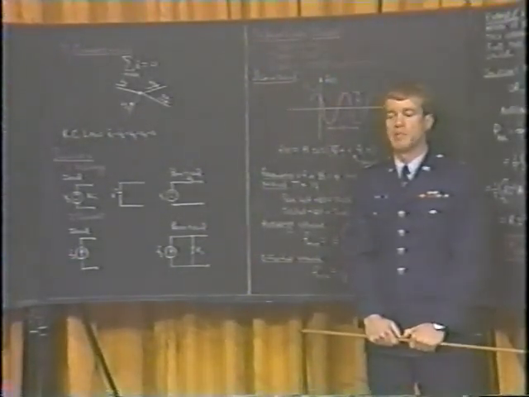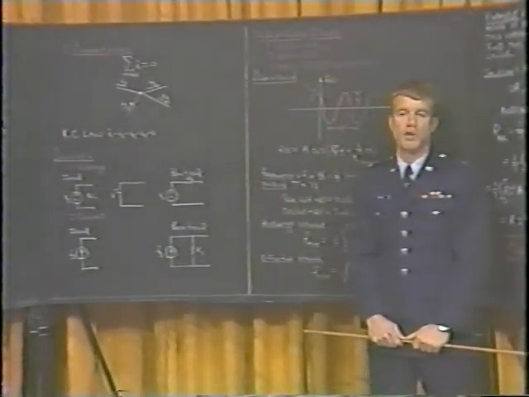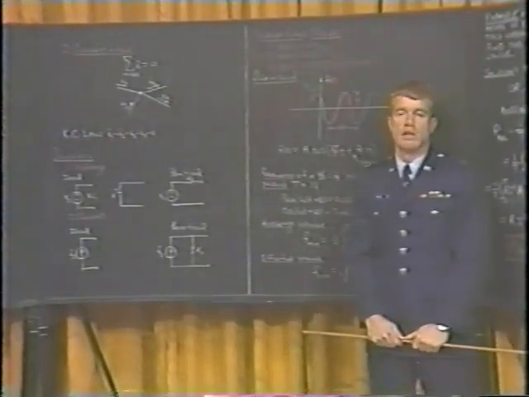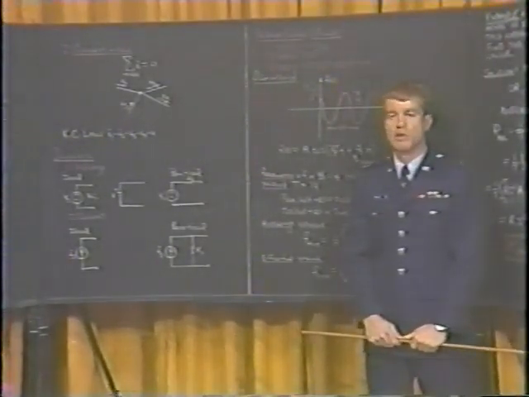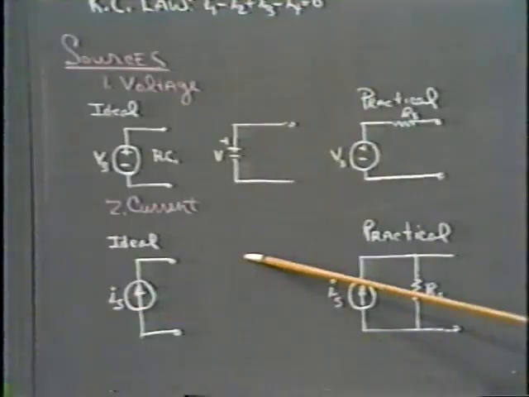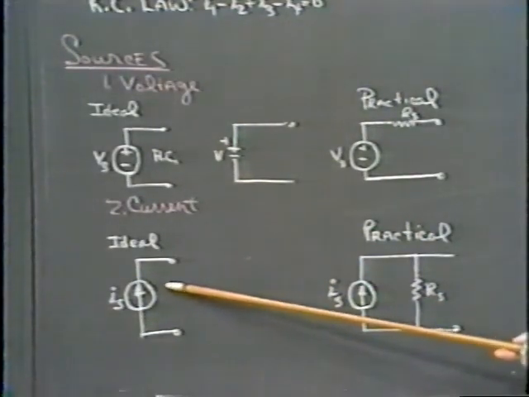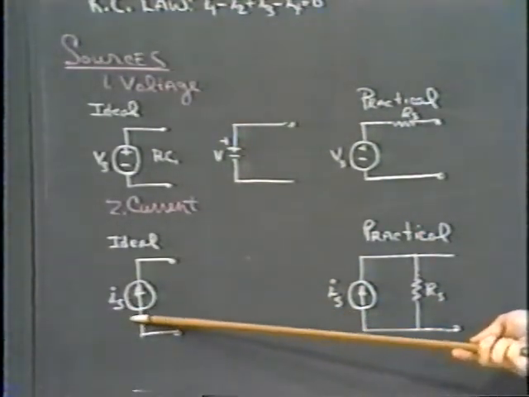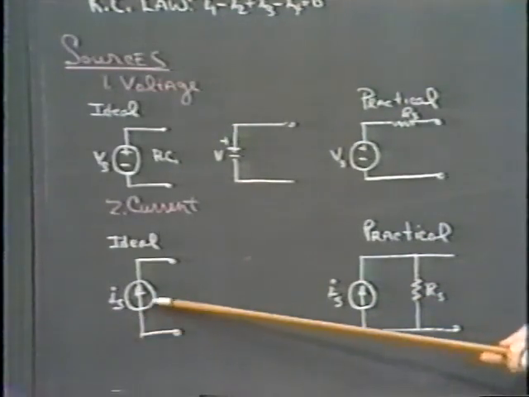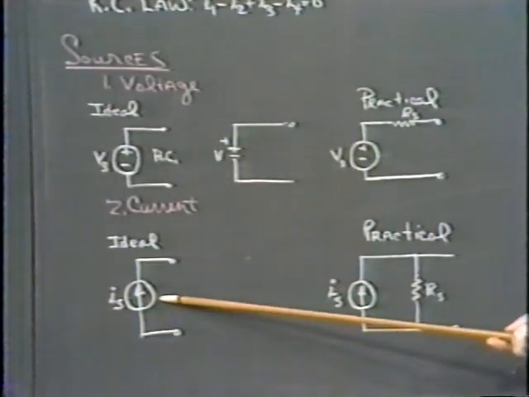Now, the opposite case that we could define is a device that would produce a constant amount of current, no matter what kind of devices we would put in the circuit around it. And this is our definition of a current source, our second source. This is our symbol for a current source, simply a round symbol with an arrow going the way the positive current would flow.